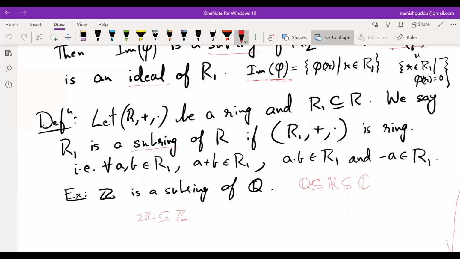It's just that this is not a ring with unity. But this is a subring. So 2Z contained in Z is a subring.